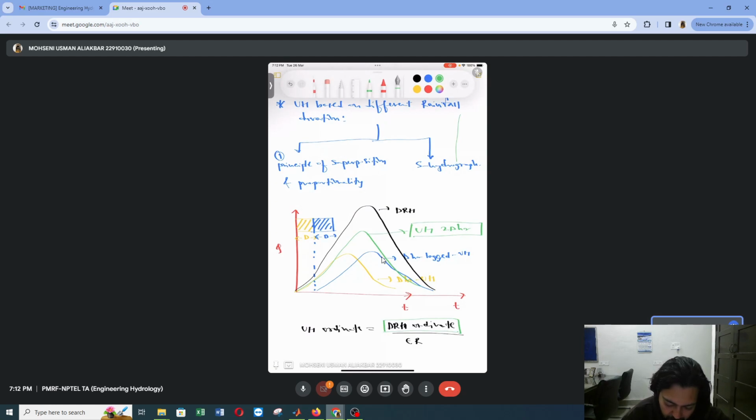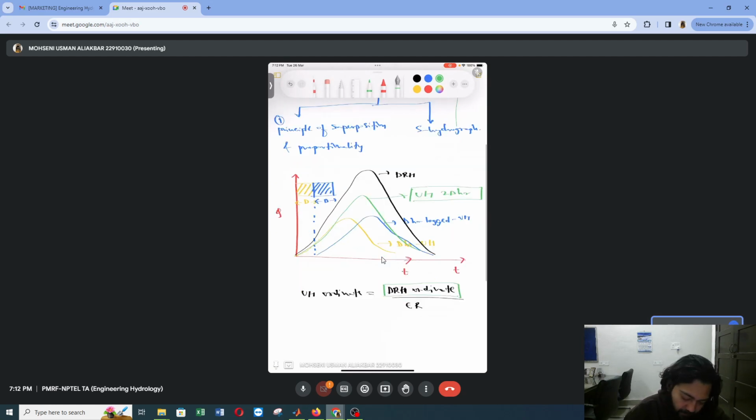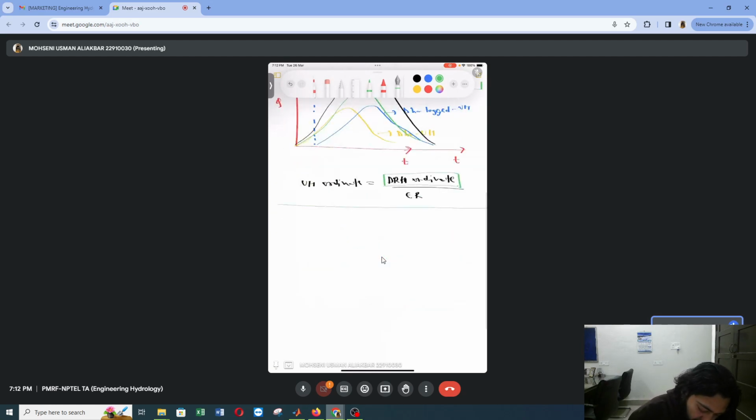Now there is another approach, which is the S hydrograph. So let us see how we can use the S hydrograph. The input for the S hydrograph would be a step input, right? We know what a step input is. It will go from 0 to 1, it will vary, and then it will remain constant, right?